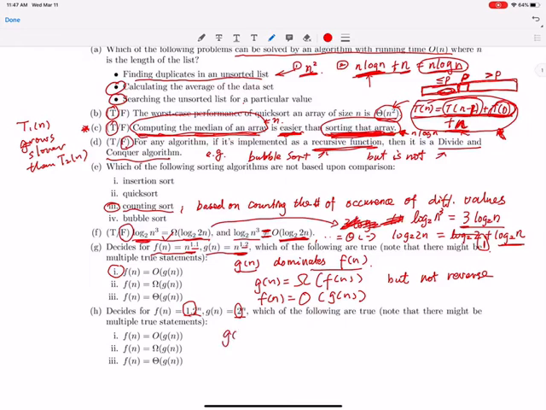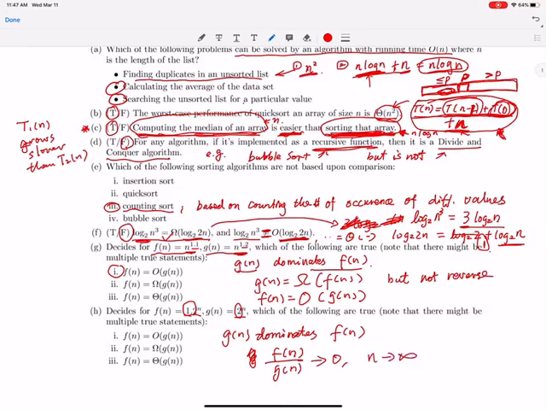So g of n dominates f of n, so g of n grows faster than f of n. Okay, we also know what it means mathematically: this means it goes to 0 when n goes to infinity.